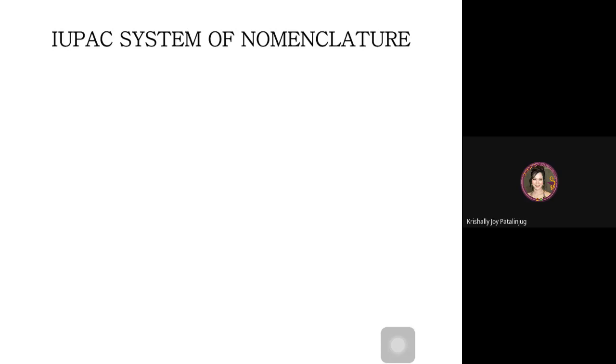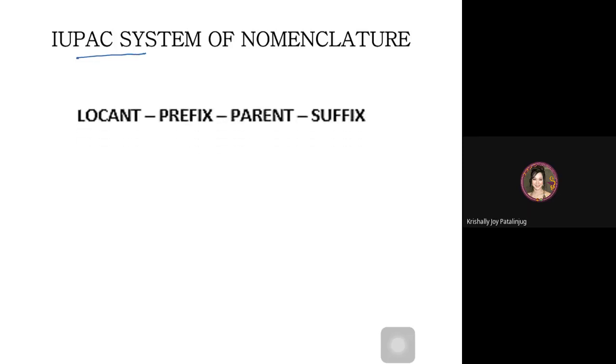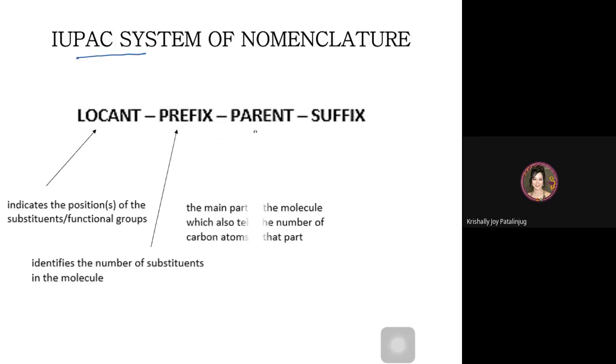Now, based on the IUPAC system of nomenclature, the chemical name of an organic compound generally has 4 parts. I repeat, based on the IUPAC system, in general, the chemical name of an organic compound consists of 4 parts.